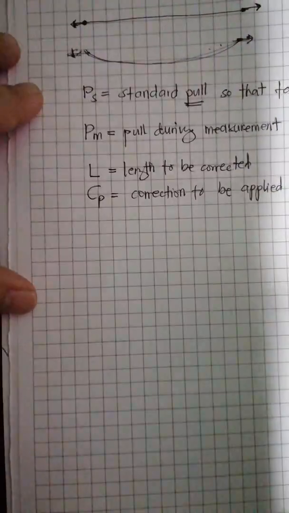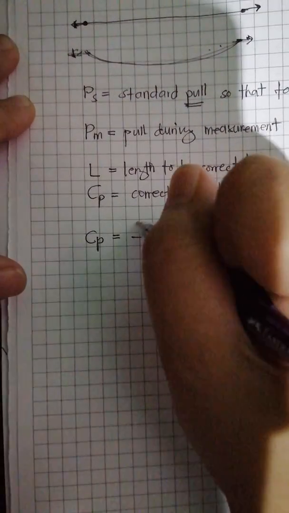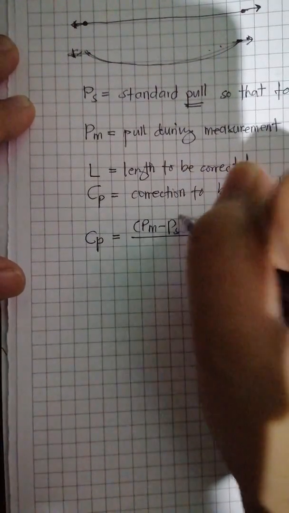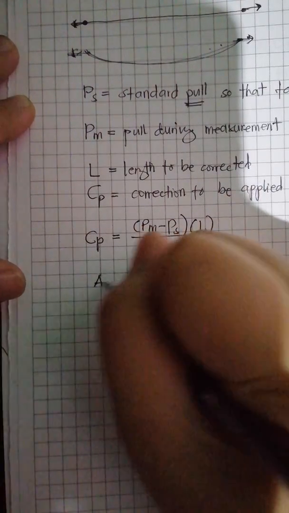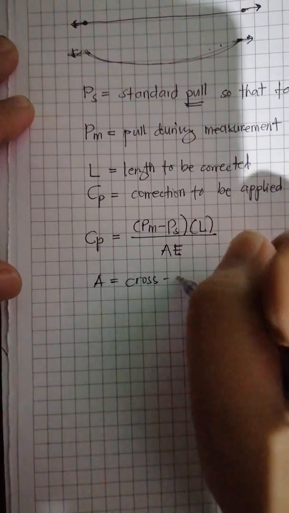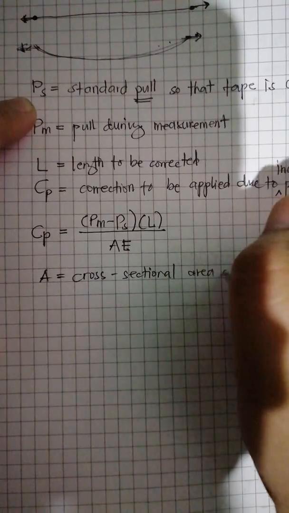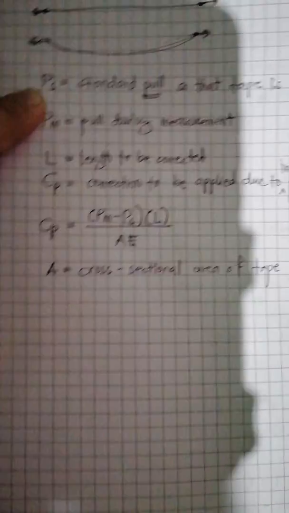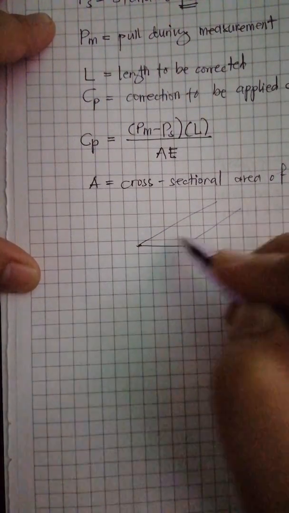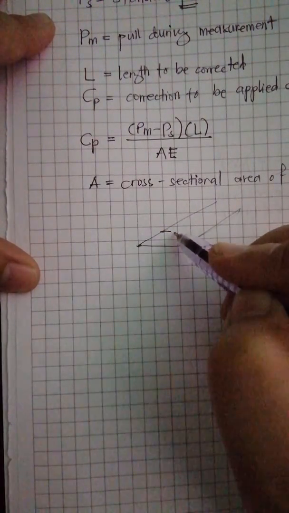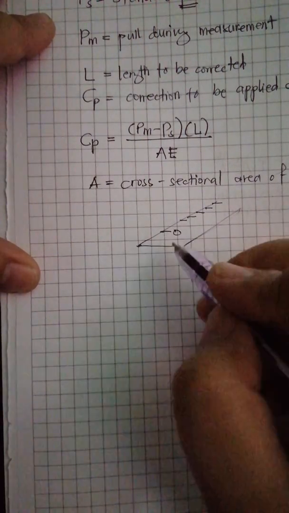Okay. So, this is the formula for correction due to pull. You have PM minus PS times L over AE. By the way, A is cross-sectional area of the tape. When you say cross-sectional area ng tape, so di ba ito yung tape, tas yan yung, let's say, yan yung 0, tapos yan yung calibrations, so on.